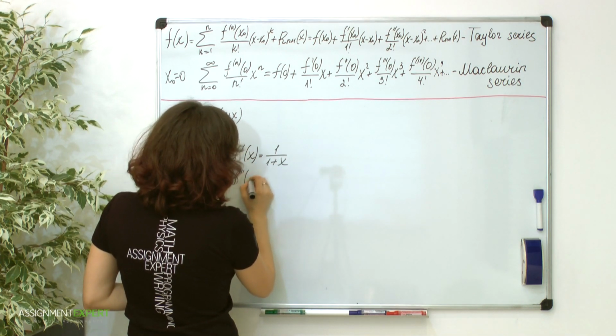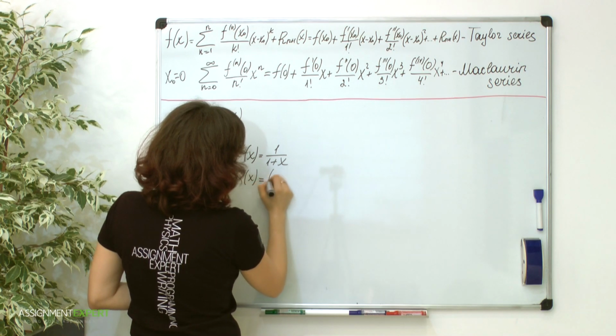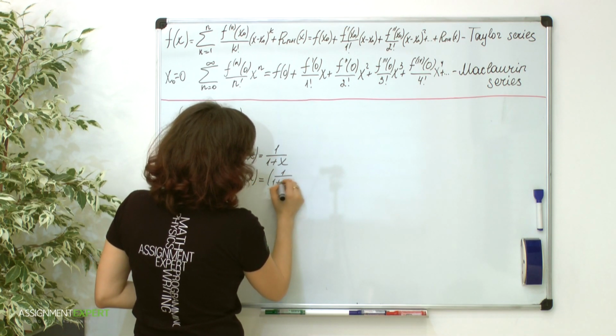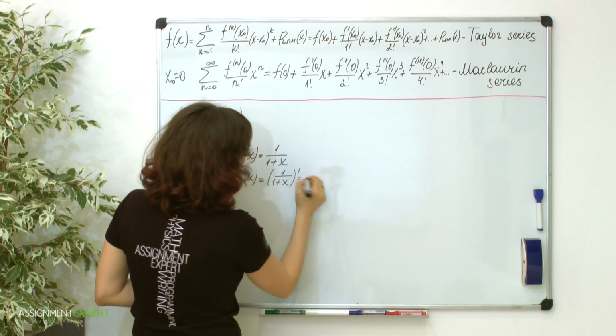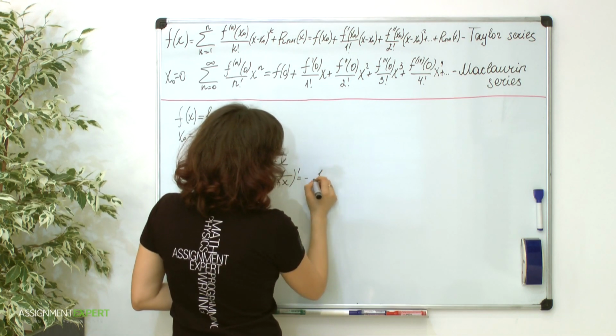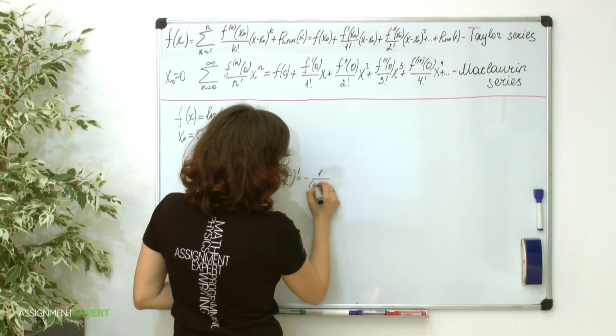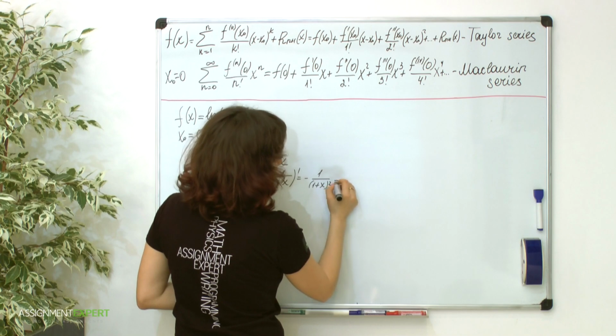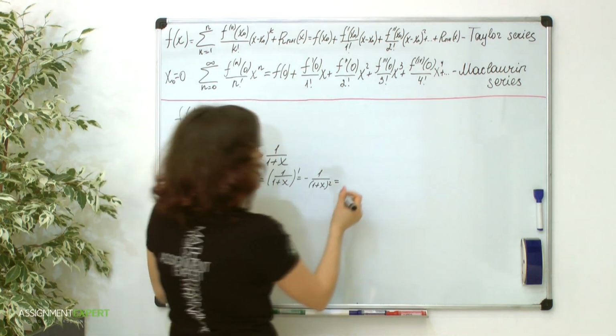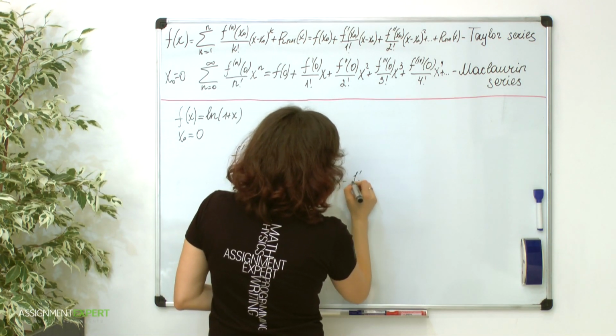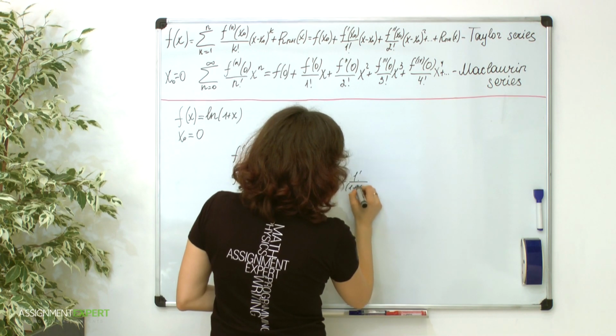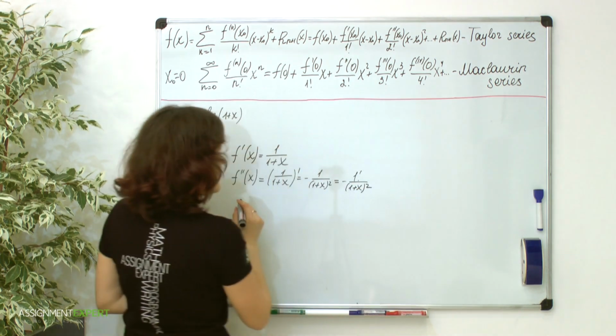The second derivative of f of x equals 1 over 1 plus x, prime, equals minus 1 over 1 plus x squared, and this is equal to minus 1 factorial over 1 plus x squared.